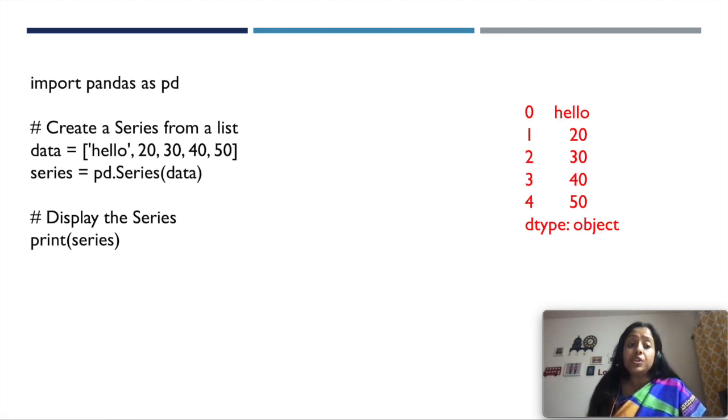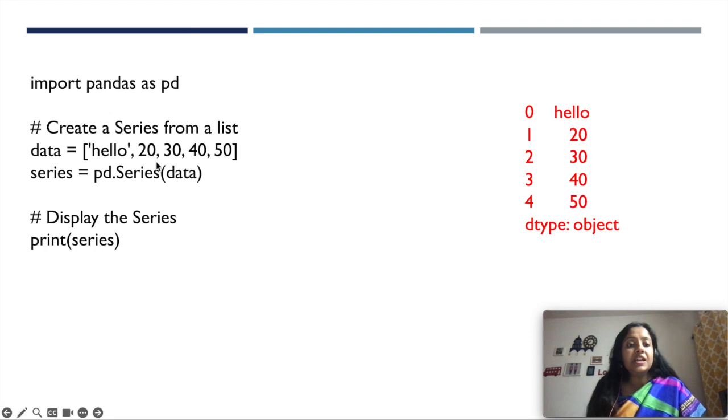I wanted to show you one more thing. Since I mentioned that it is homogeneous data here, what will happen if I put hello as the first element here? Will Python throw any error here? No, not really. It will, you can say, do an implicit conversion.